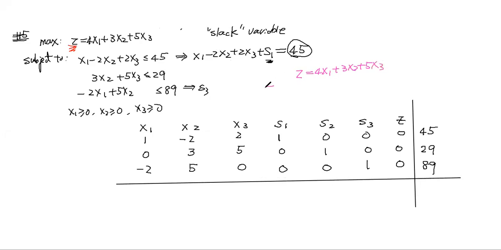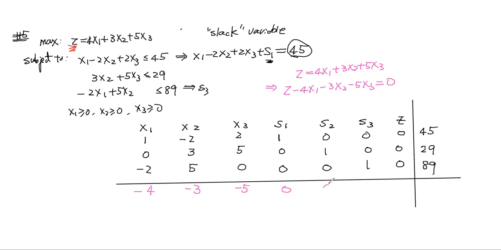Let's move everything to one side: z minus 4x1 minus 3x2 minus 5x3 equals 0, because I want to find the constants in front of x1, x2, x3. So here it will be -4, -3, -5. Do I have any slack variables?